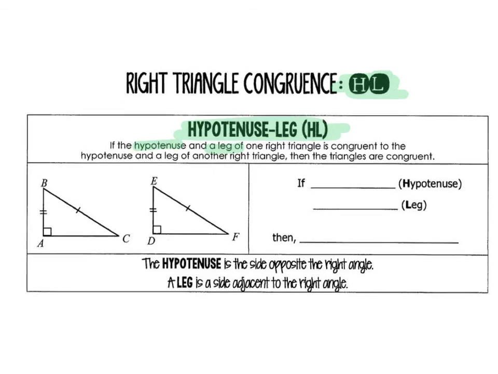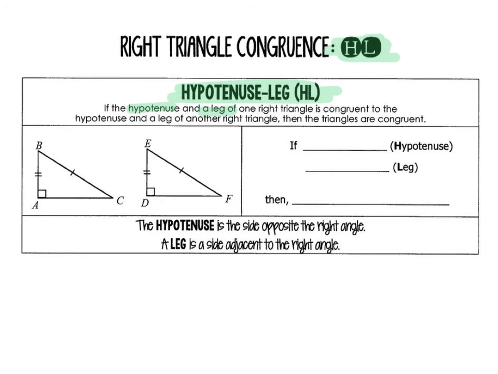First I want to explain what the hypotenuse and the leg are. If we have a right triangle, the hypotenuse of a right triangle is the side opposite the right angle.